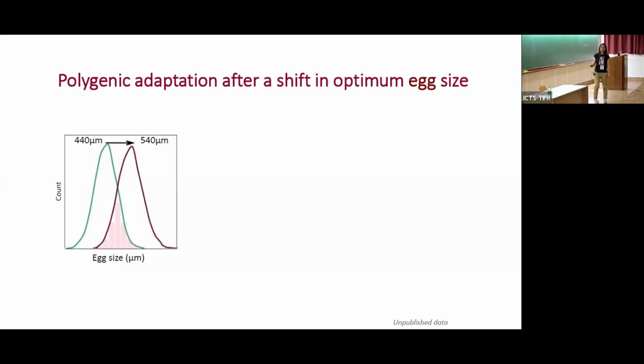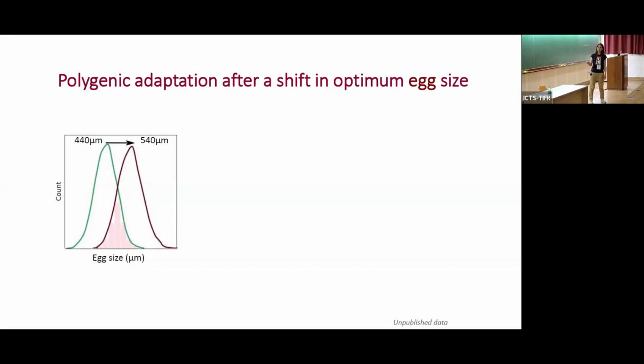And this green one is kind of like the distribution of fitness, trait distribution of embryo size. And although we should have a fitness function that is actually much wider than our trait distribution, just to see whether it works, we used the distribution of traits as a proxy of fitness function.